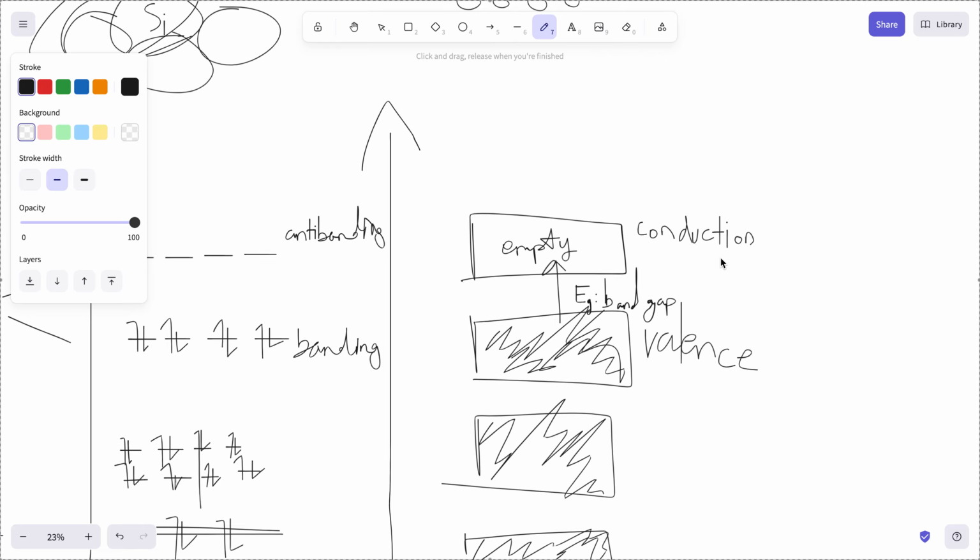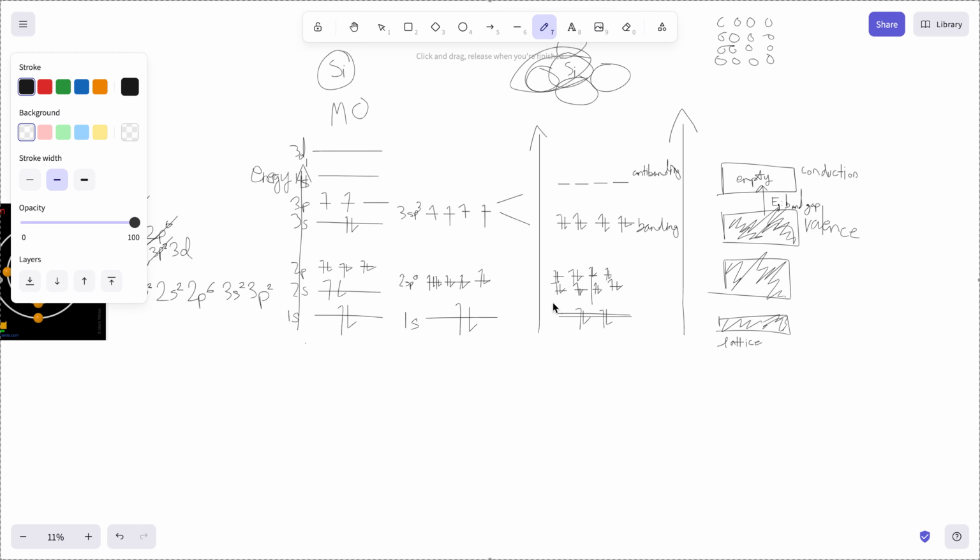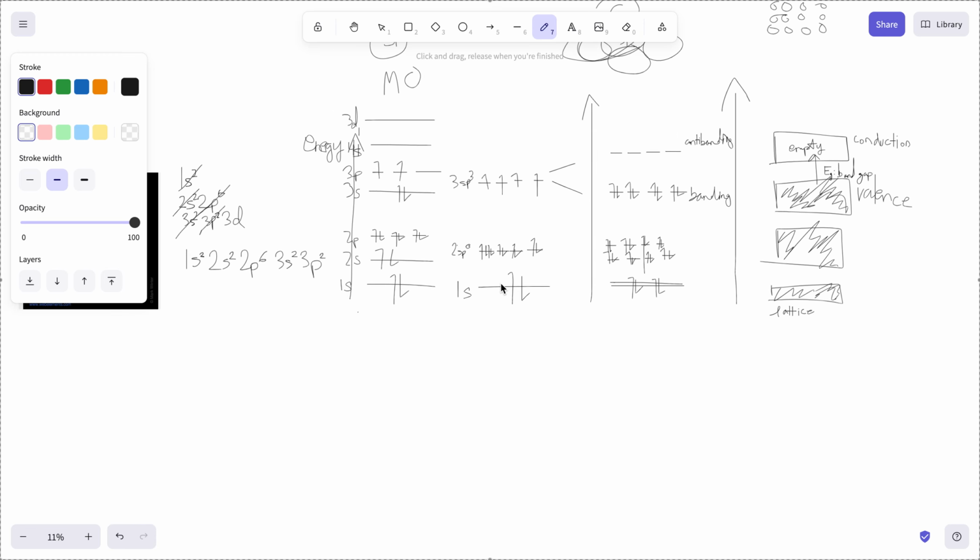Now, this model is helpful, and it comes from using molecular orbital theory, but now we're going to see how we can describe this very similar process using the idea of potential in Coulomb's law. So let's say instead we draw something called a potential well, which looks like this, for an isolated silicon atom again.